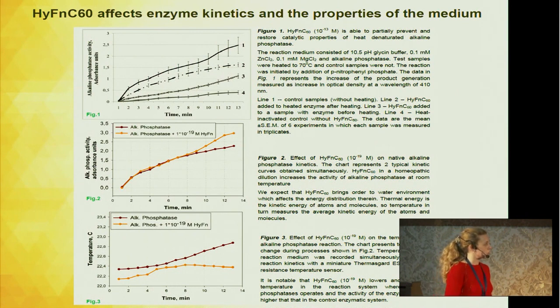Line 4 is the thermally inactivated control. You see that the activity of the enzyme drops, and line 3 indicates the samples where hydrated fullerene at an ultra-low concentration was added before heating. So you see that there is some increase compared to the control.